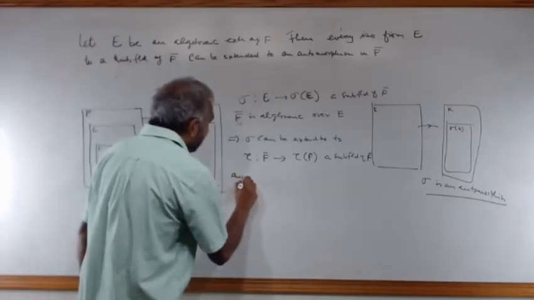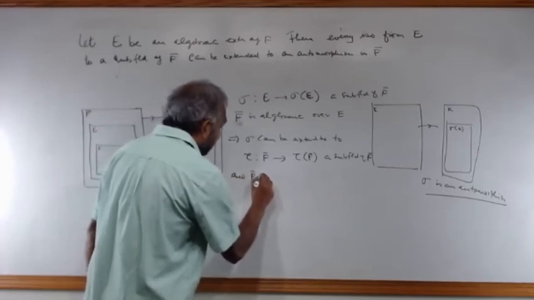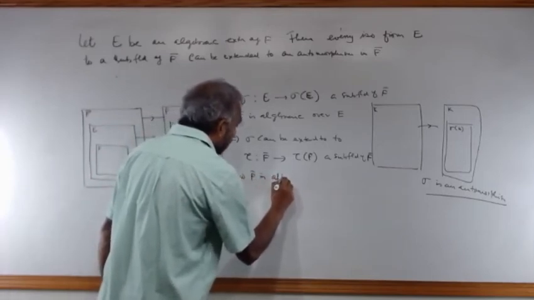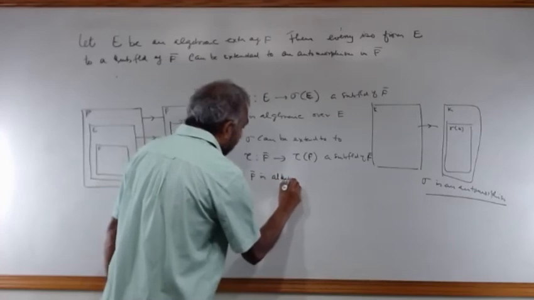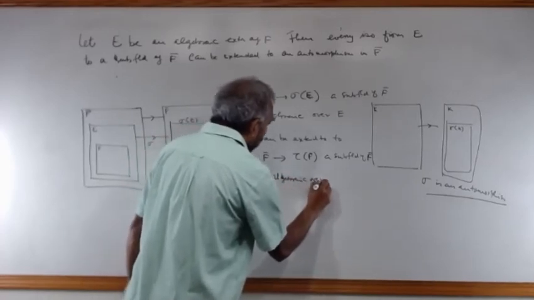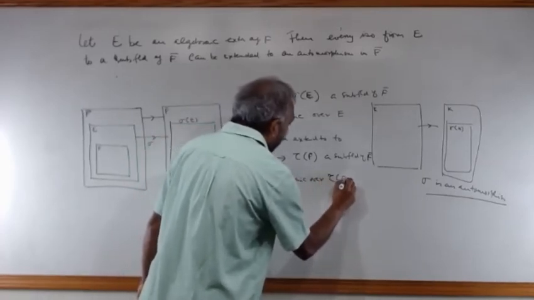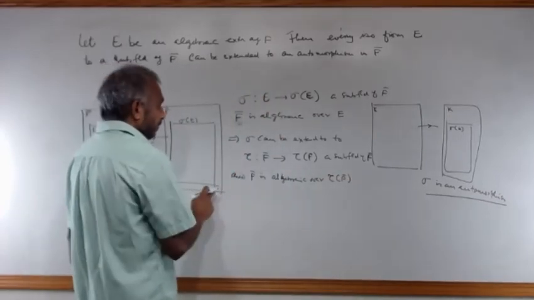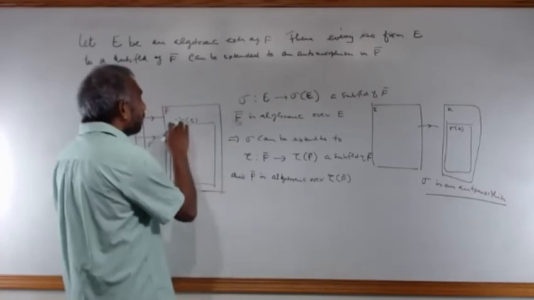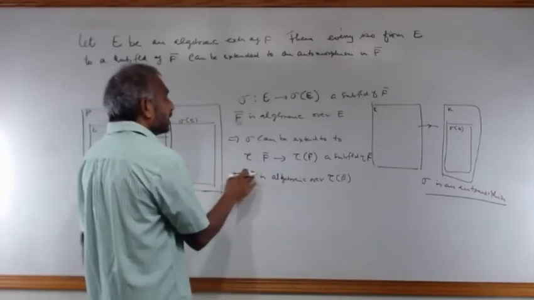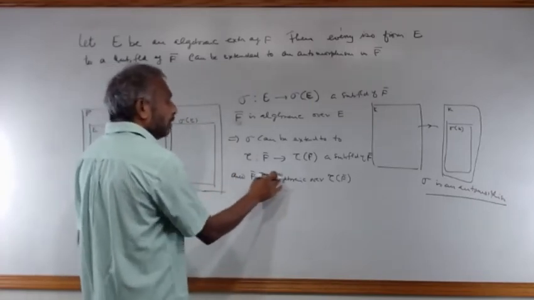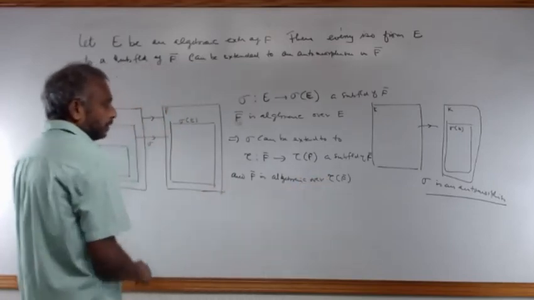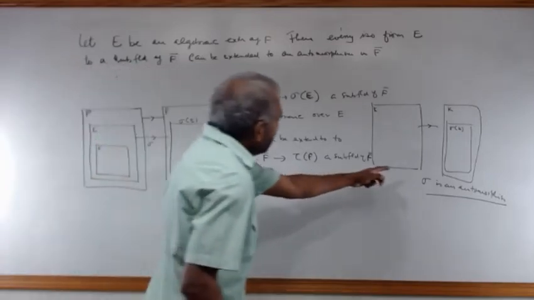And F closure is algebraic over tau of F closure, because this is a closure of F. So any subfield of F closure is an extension, an algebraic extension of that subfield.